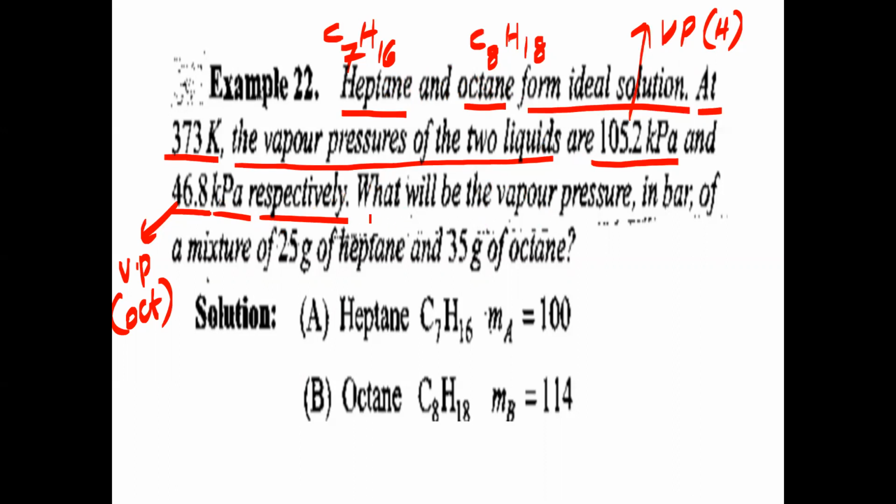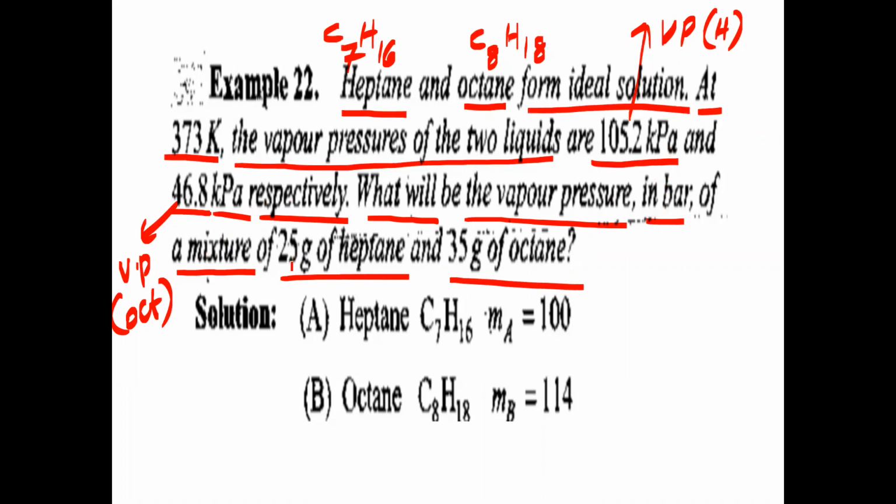Now what they are asking: what will be the vapor pressure in bar? They have given kilopascals, but they are asking in bar. What will be the vapor pressure in bar of a mixture, meaning an ideal solution, of 25 grams of heptane and 35 grams of octane?